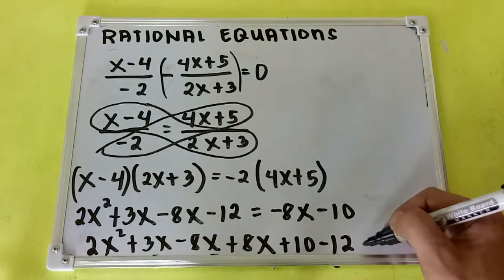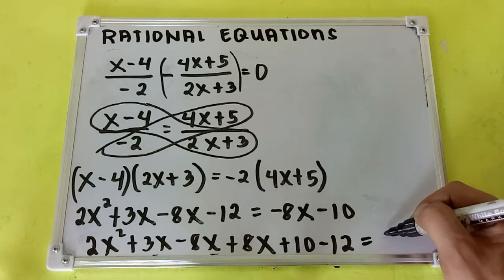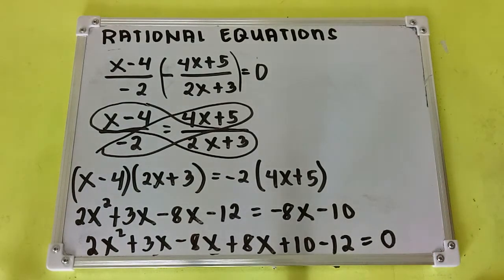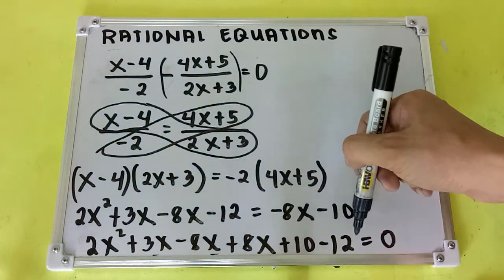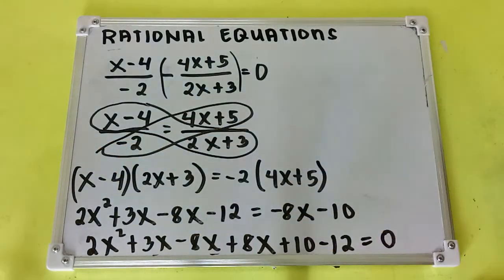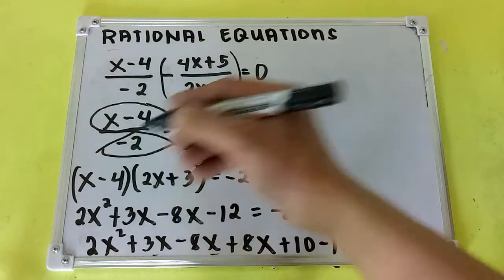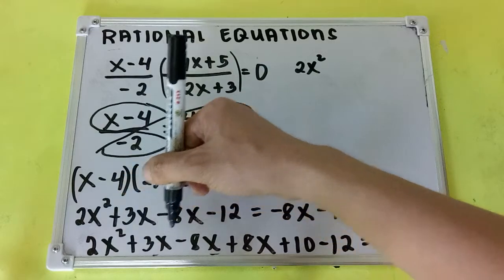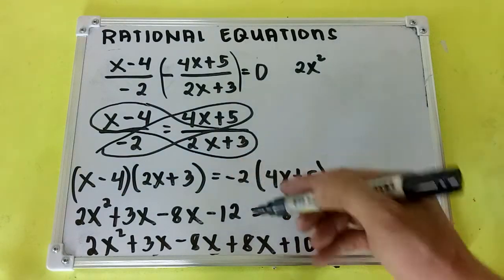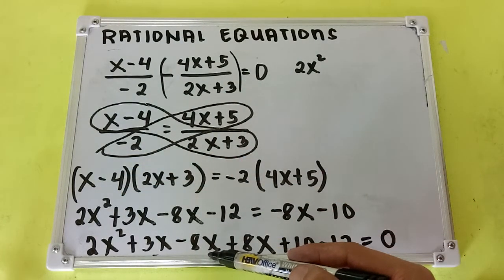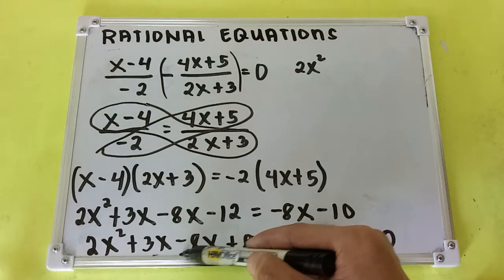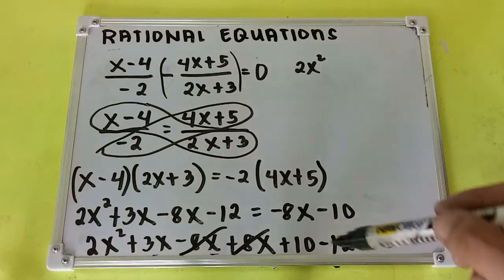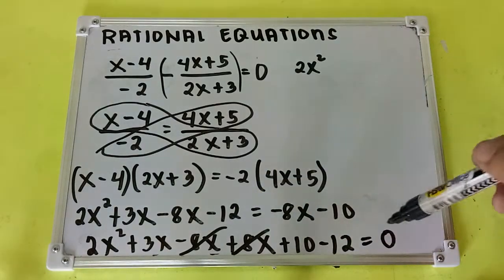So lahat ng terms nandito na sa left hand side. So wala nang natira kay right hand side. So that is equal to 0. So dito ipe-perform natin yung combining similar terms, or combining like terms. 2x square, wala naman siyang kaparehas. 3x minus 8x plus 8x. So dito pa lang, negative 8x, positive 8x, pwede natin siyang i-cancel, kasi same coefficient and then magkaiba ng sign.